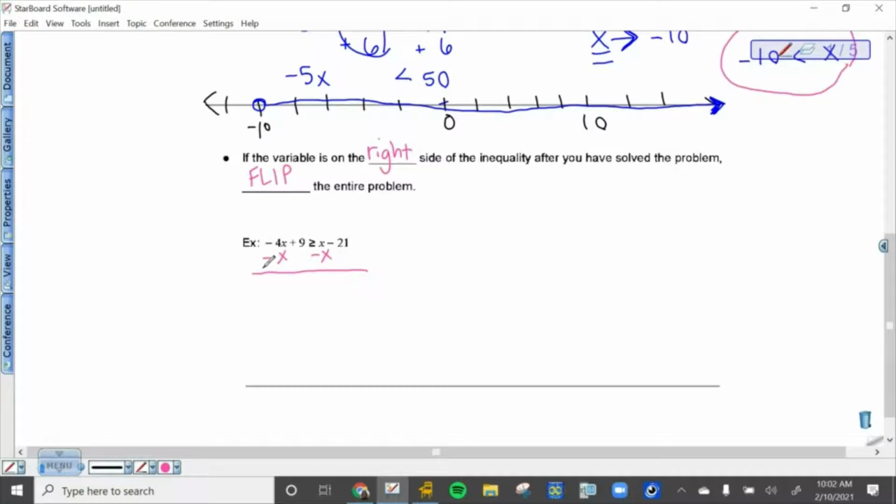Okay, now negative 4x minus x, what does that give me? Negative 5x. There you go. How did you get that?